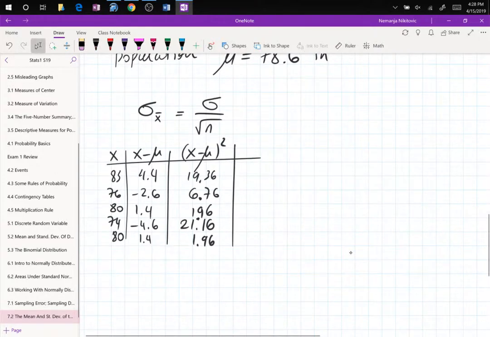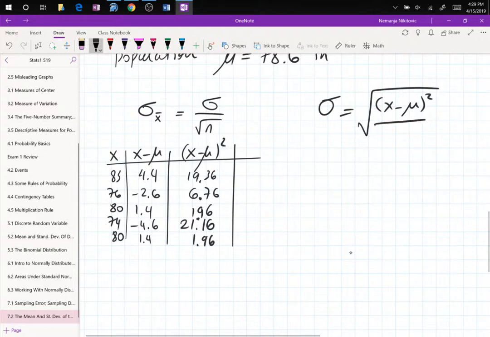Now, if you don't remember the standard deviation formula, it was the square root of the summation of x minus mu squared divided by n. Oh, I forgot the summation symbol. There we go, much better.